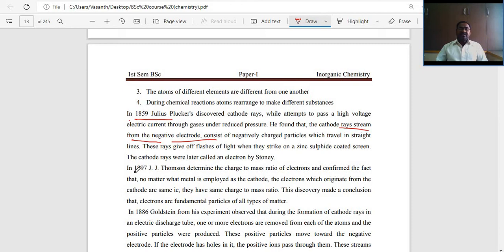In 1897, J.J. Thomson determined the mass by charge ratio of an electron. This discovery led to the conclusion that electrons are fundamental particles of all types of matter.